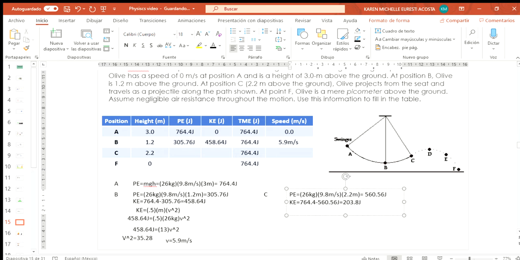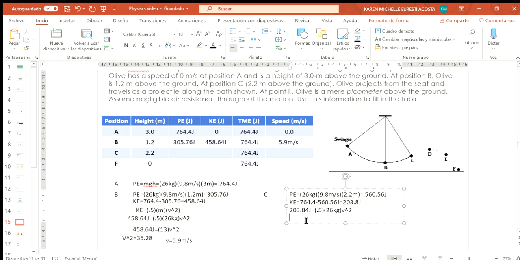Now to get the speed, we will do the same that we did here, replacing the values. The kinetic energy is 203.84 joules equals 0.5 times 26 kilograms times V squared. So we multiply this, and it will be 13.